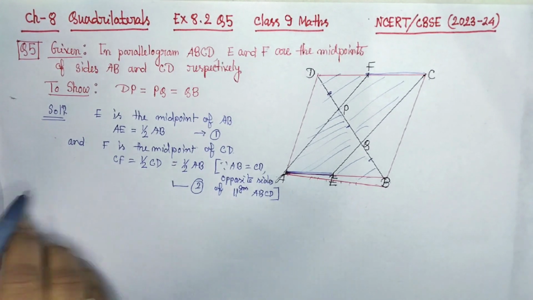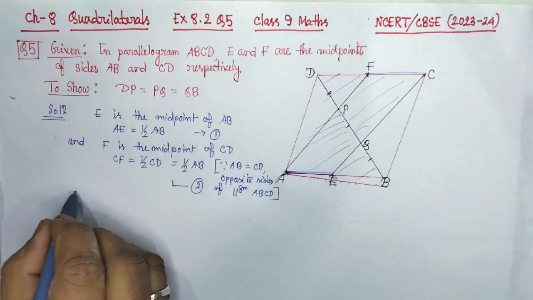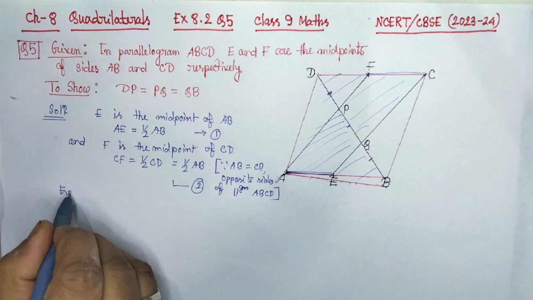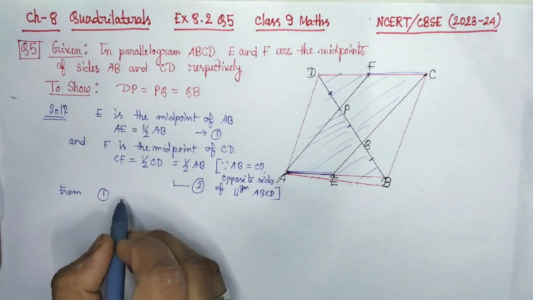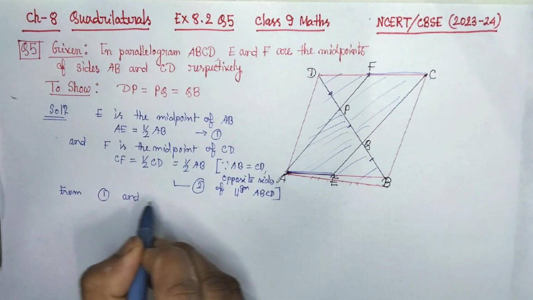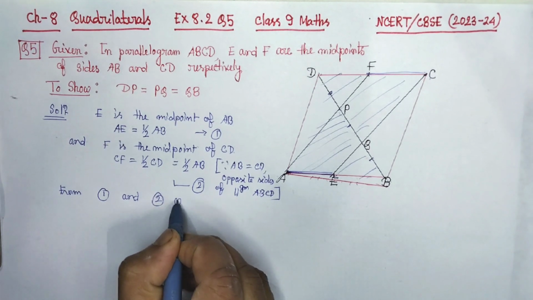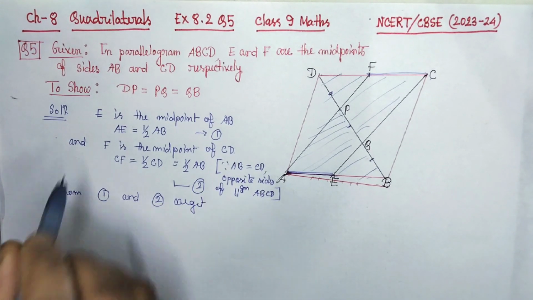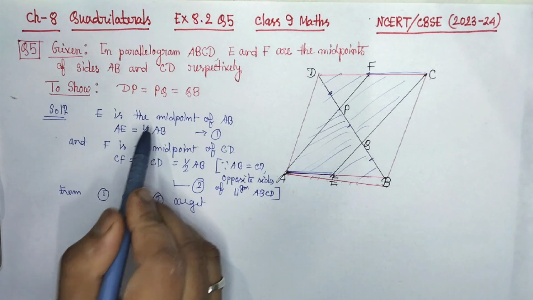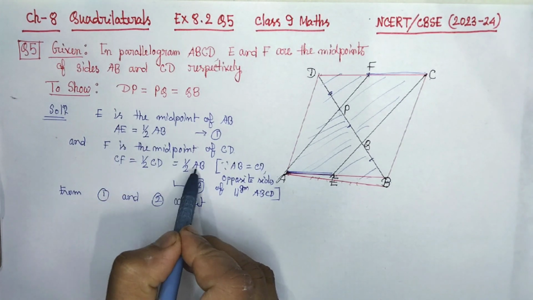From 1 and 2 we get, AE equals half of AB and CF also equals half of AB.